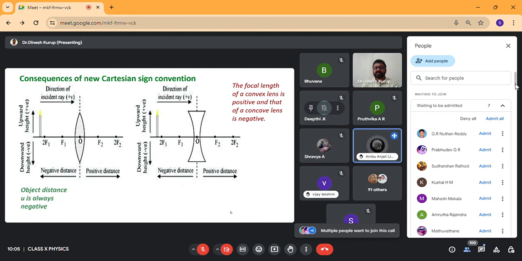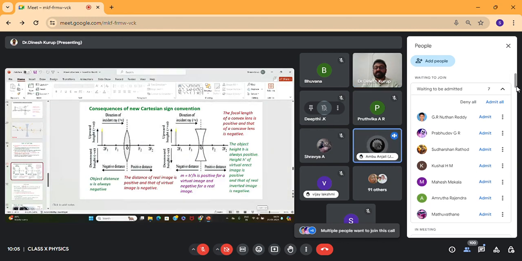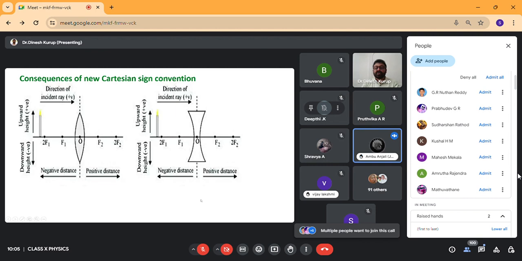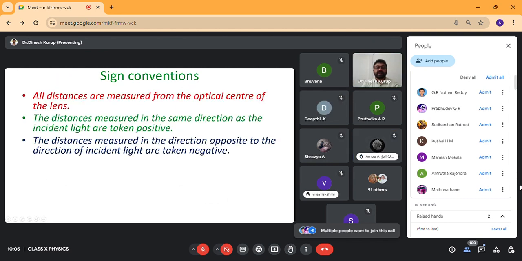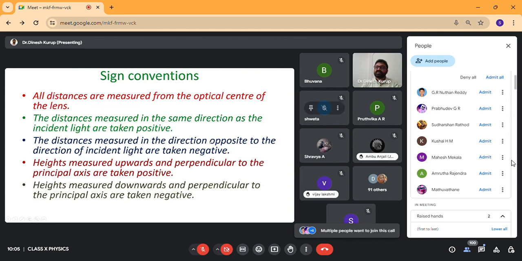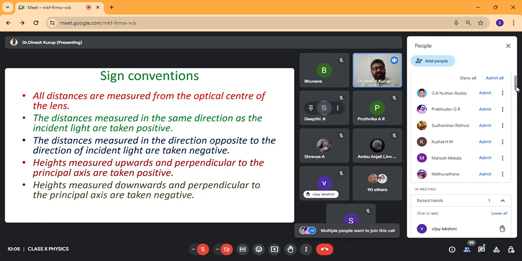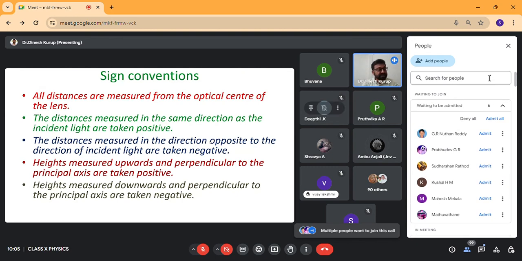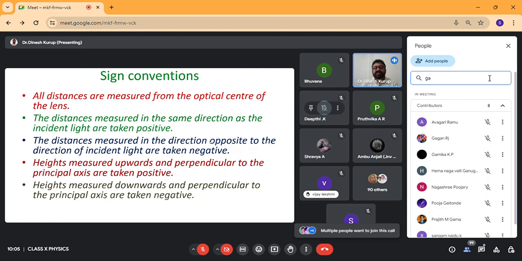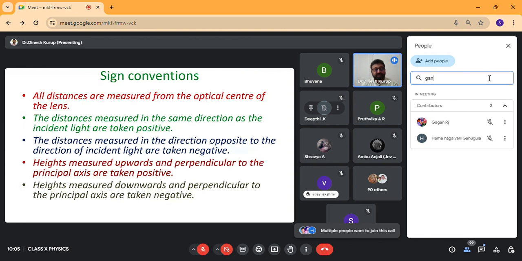Doubt? Yeah, sure, please raise it. Do the convex lens and concave mirror have the same properties? Same properties in the sense that these are entirely different. The lens is based on the laws of refraction, whereas the mirror is based on the laws of reflection.